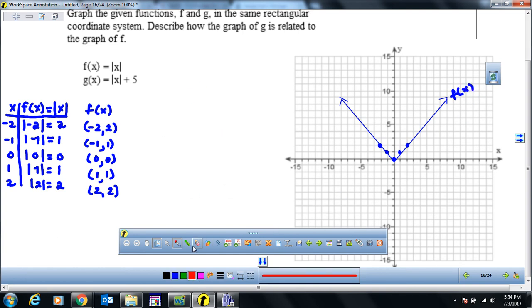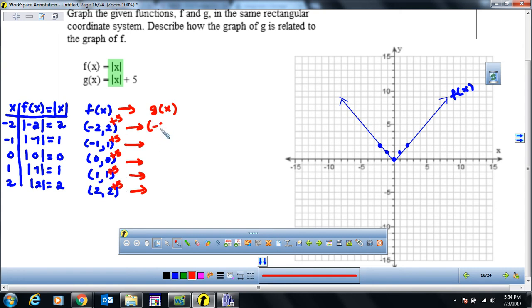Now, based on what we see, once again, you see that they have the exact same equations, right? g of x has the exact same equation. The only difference for g of x is the +5. And remember what that +5 is going to do? It is going to be added to the y values. So we're going to have a +5 on all of the y's right here. So +5 to this y, +5 to this y, +5, and +5.